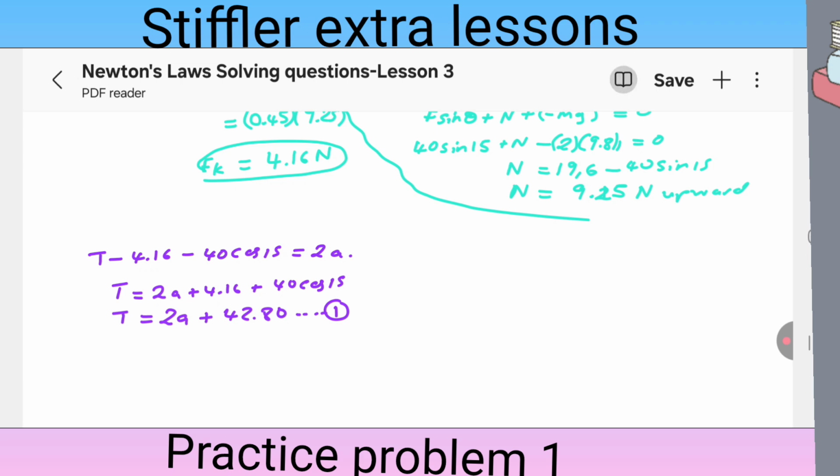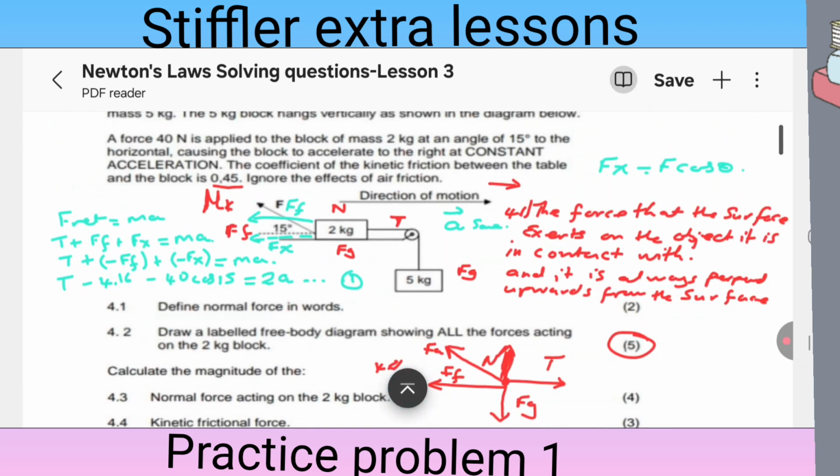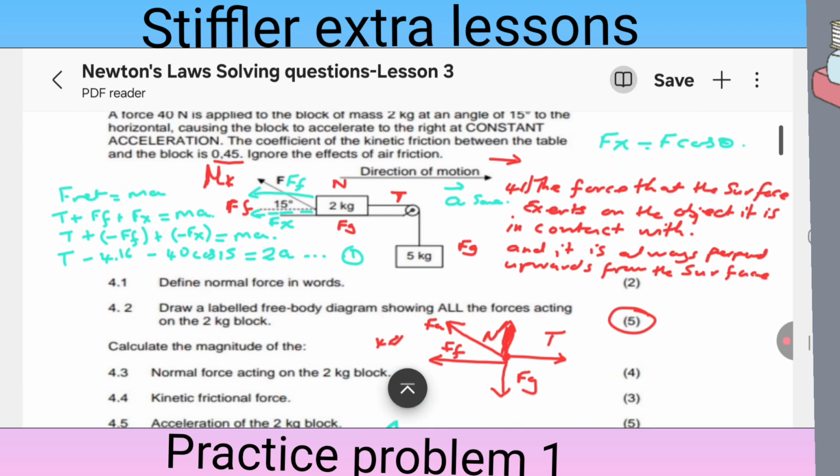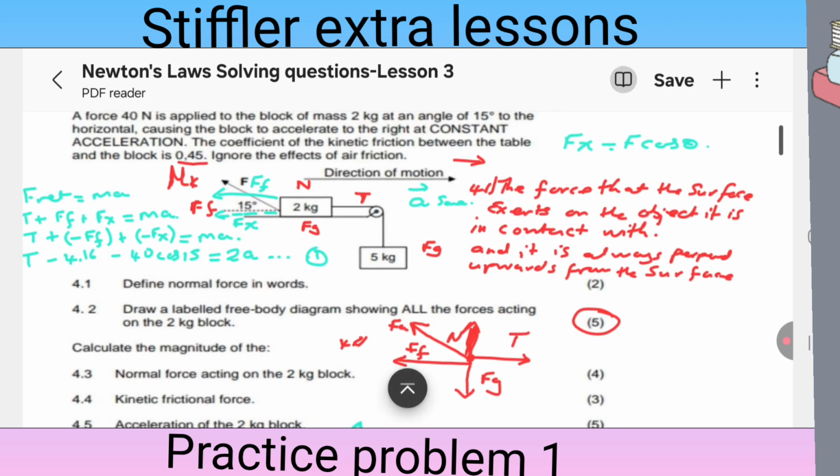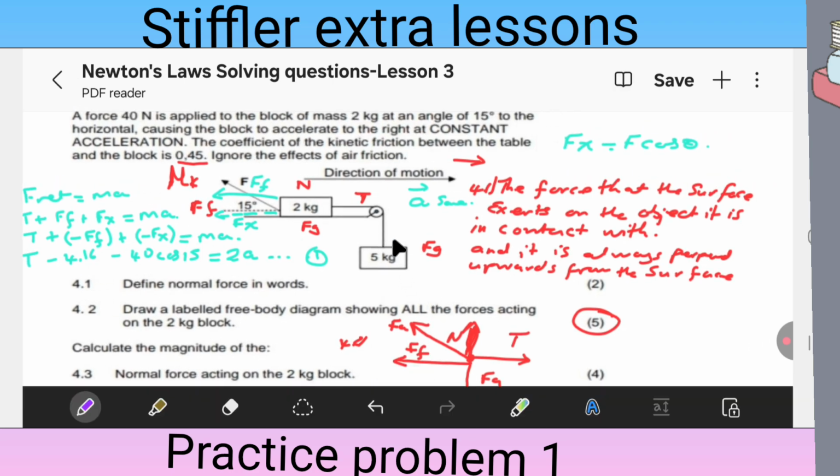So now let's check this other object. We can see that there are only 2 forces acting with motion on this object: the tension and the Fg. So we can write that F net is equivalent to mass times acceleration.